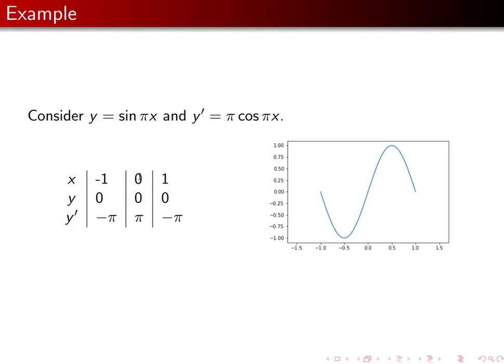At 0, the value of the function is 0 and the value of the derivative is pi. And at 1, the value of the function is 0 and the value of the derivative is -pi.